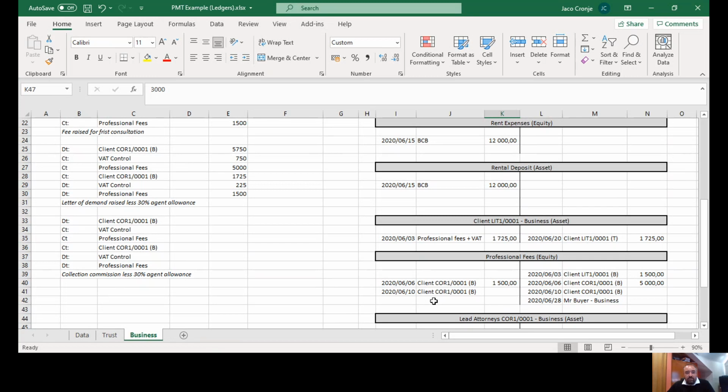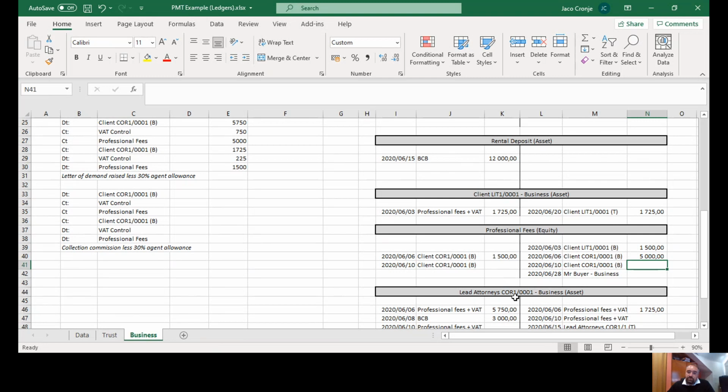And the answer is 40,000 Rand, 400,000 times 10%. So my fee, so I'm going to go to the fee side. So there's no real correct place to start. Start with whatever leg of the transaction you understand best. So whether you start on your business ledger or on your fees or whatever, it doesn't make a difference. But in this case, I'm going to say my fee that I'm going to get is 400,000 times 0.1, 10%.